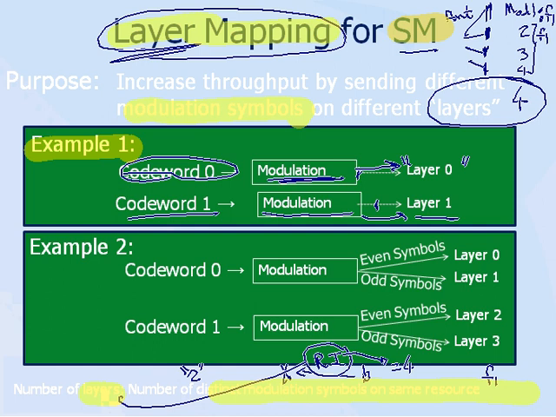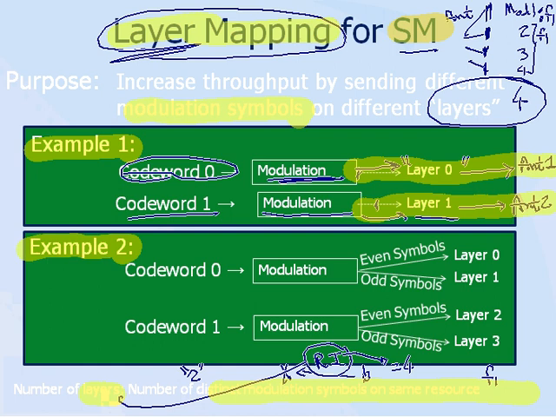So it is possible that eventually this will go over antenna 1, this will go over antenna 2, and so on. So layer mapping essentially tells us where the modulation symbols will be going. Will that go over antenna 1, or will the modulation symbol go over antenna 2? We are just placing the modulation symbols onto specific antennas.